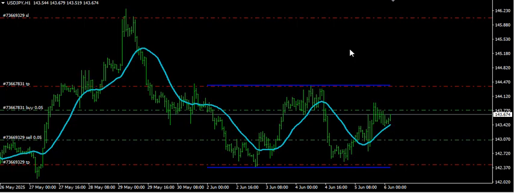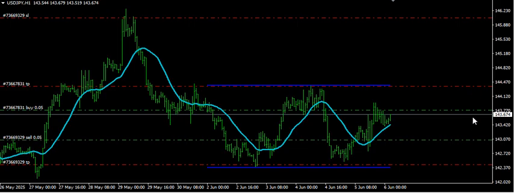Look at something, because I don't want to complicate anything. Look at the shape of this moving average. It came down, it's going up. Now this is a W shape. A W shape is telling you that when this moving average gets somewhere to the top, it will shoot back down.